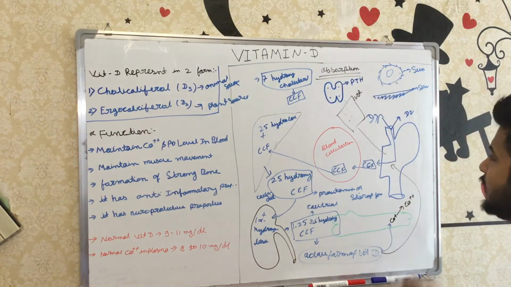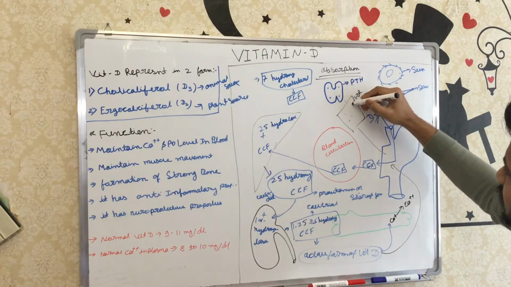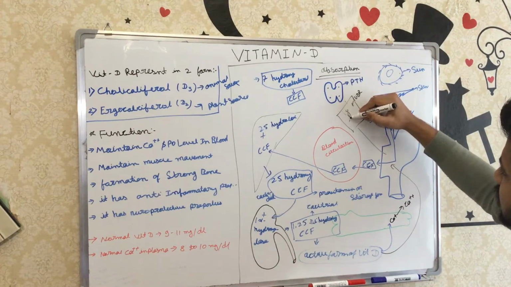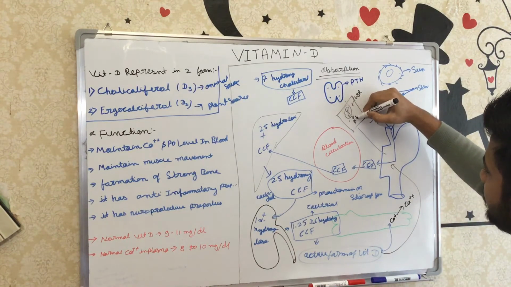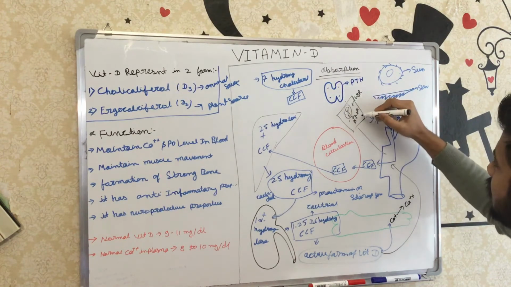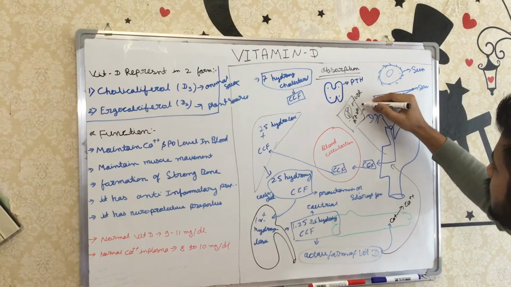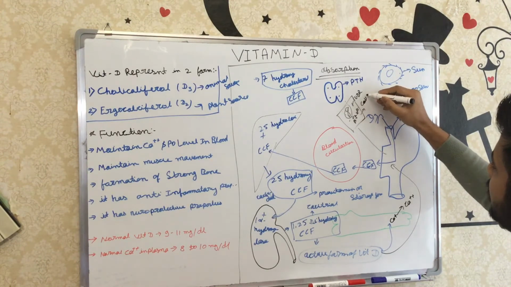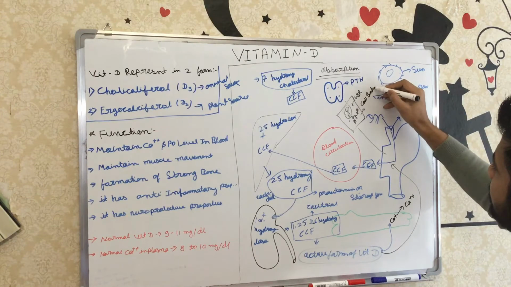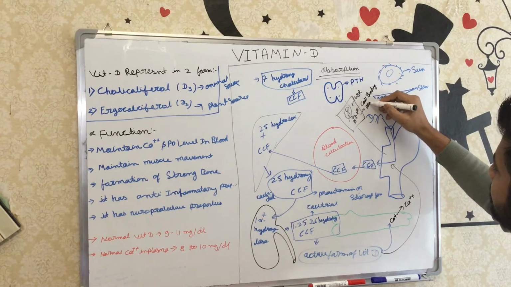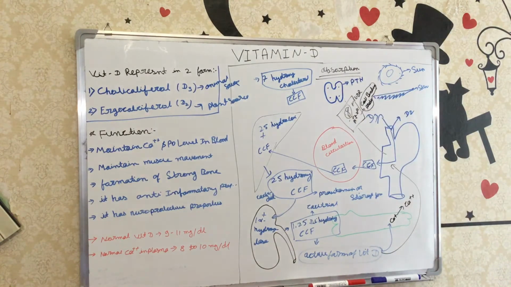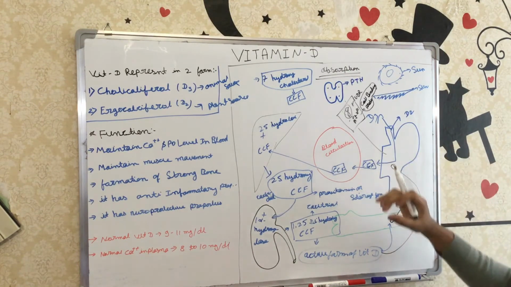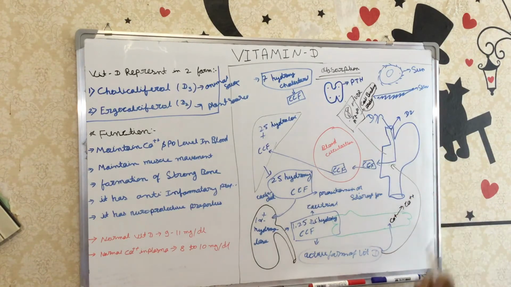The vitamin D receptor will bind inside the cell and stimulate the gene, here in the chromosome and nucleus, and by the help of messenger mRNA it will produce calcium binding protein. Whenever this protein is synthesized by the help of vitamin D, it will very quickly absorb calcium from the intestine into the blood.